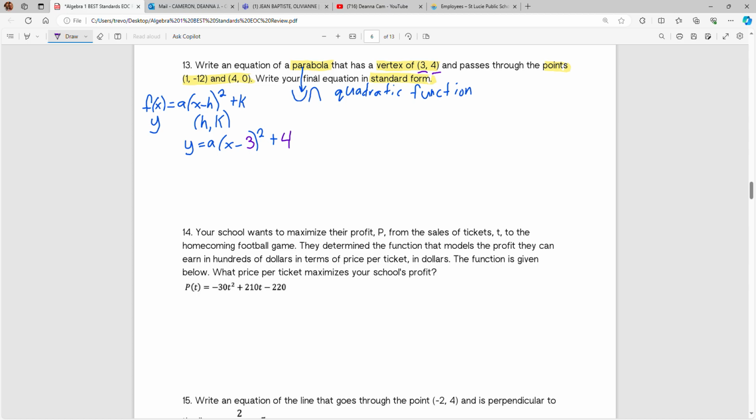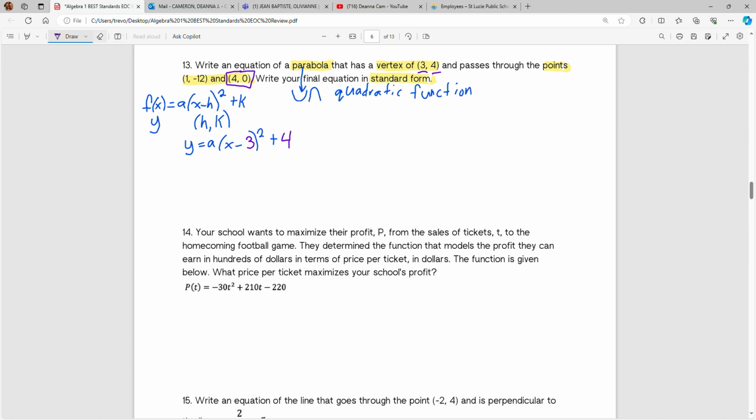Now I can take my points over here and replace them for my x and y to find out what my a has to be. So I will choose the second point here because it has a 0 and there's no negative number, so I feel like that'll be a little easier for me.